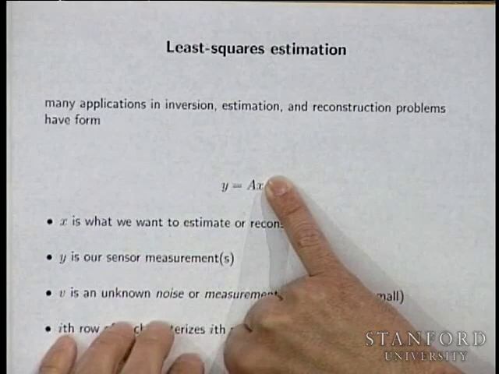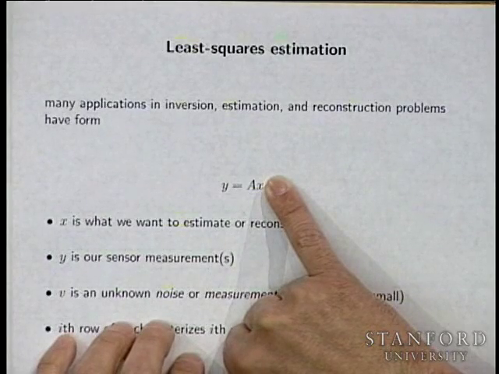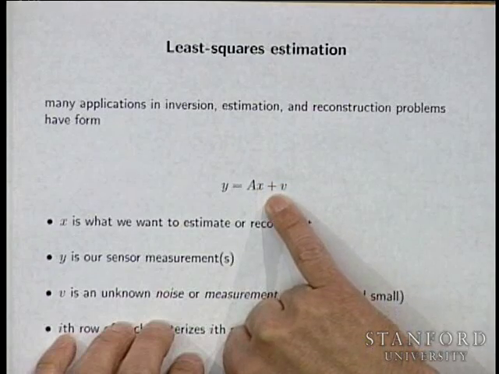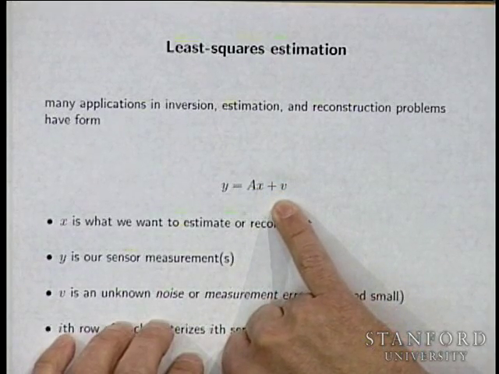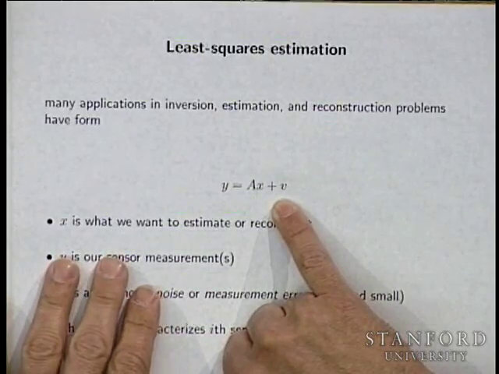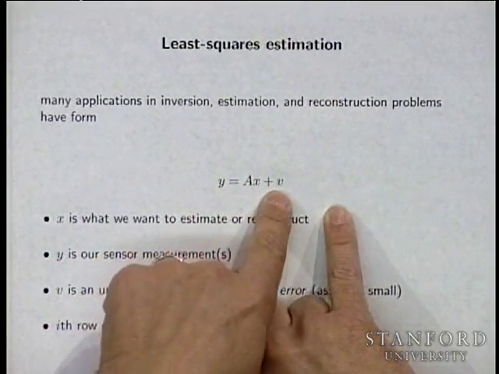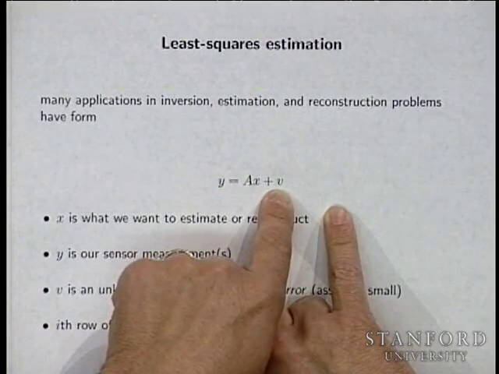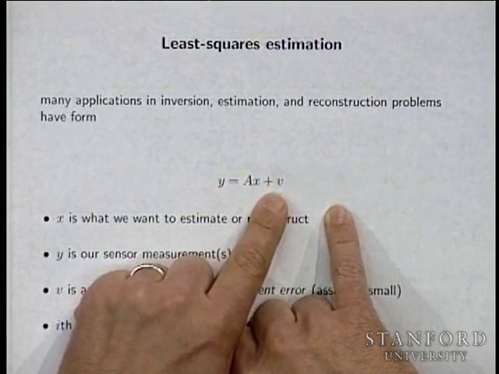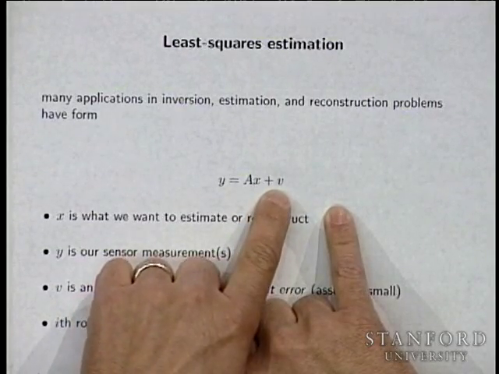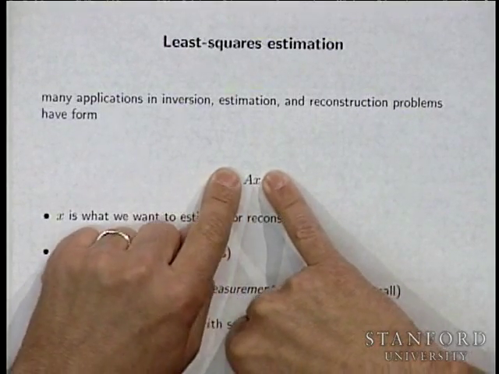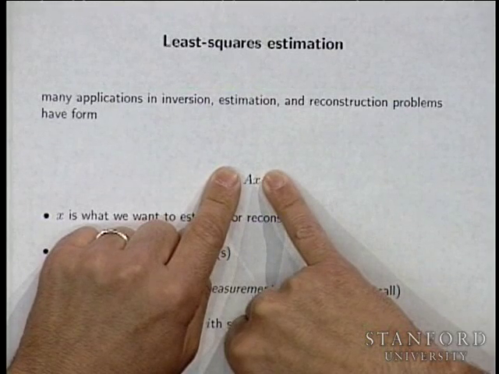That's this. Okay. Now, generally speaking, in all cases where you actually make measurements, there's going to be some small noise. Now, V might be very, very small. V could, in fact, be the error in simply calculating A times X in double precision numbers.